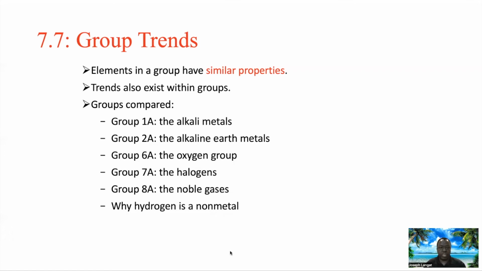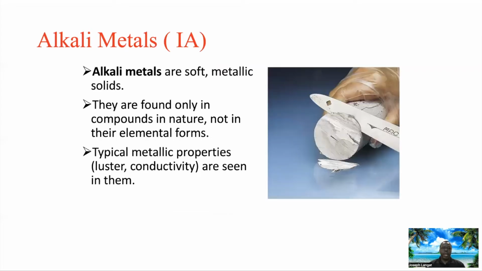Oxygen group, group 6A, halogens, group 7A, and group 8A, noble gases, they do not react. Then we look at why hydrogen is a non-metal, yet we have it on the metal territory.